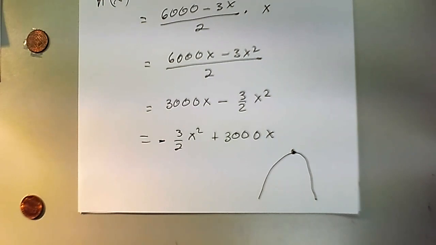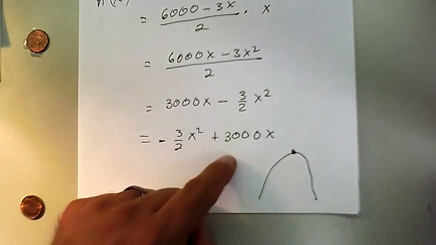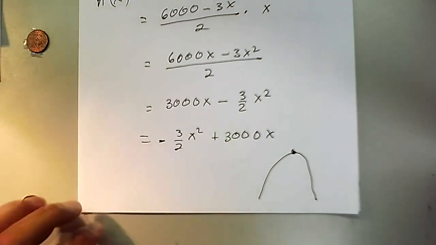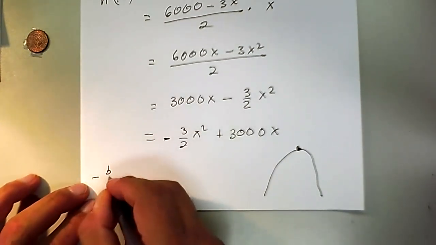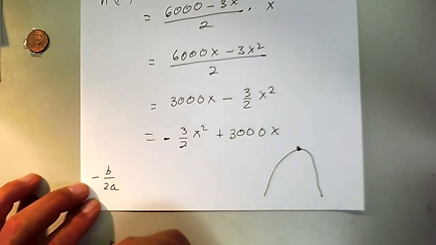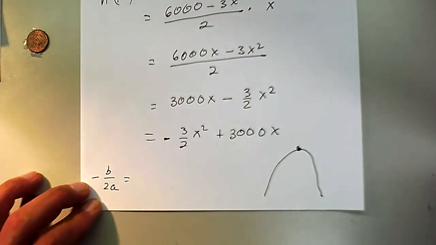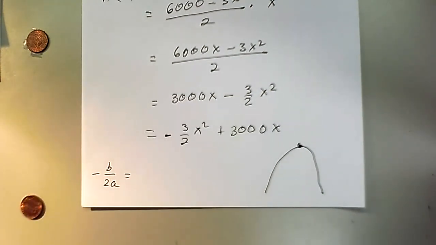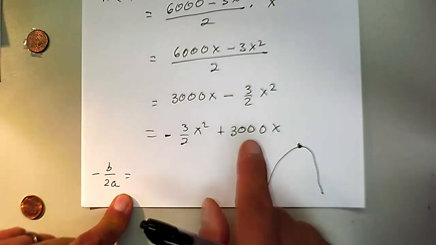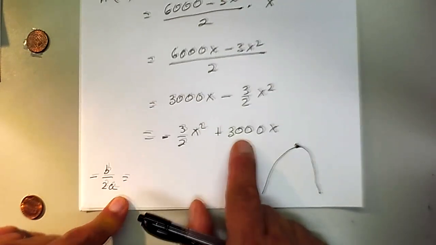But just a couple minutes ago, we realized that the vertex can be found very quickly without completing the square. We don't have to complete the square in this case, with the formula negative b over 2a. Or you can complete the square and get the vertex that way. But let's do it this way. So this is b.